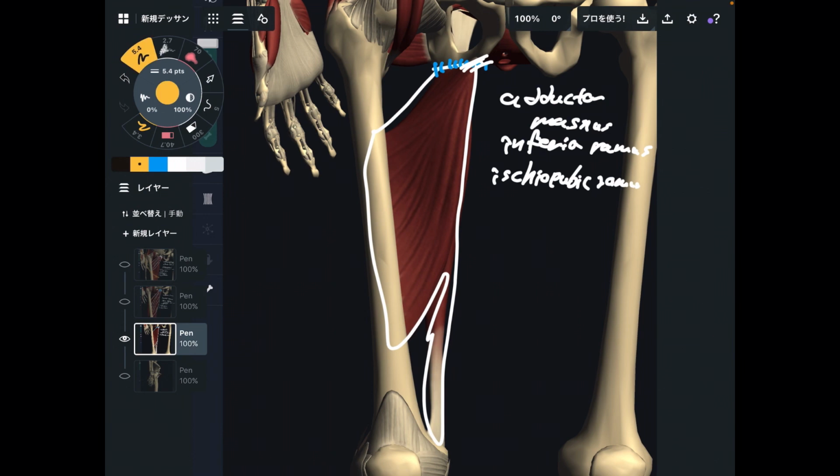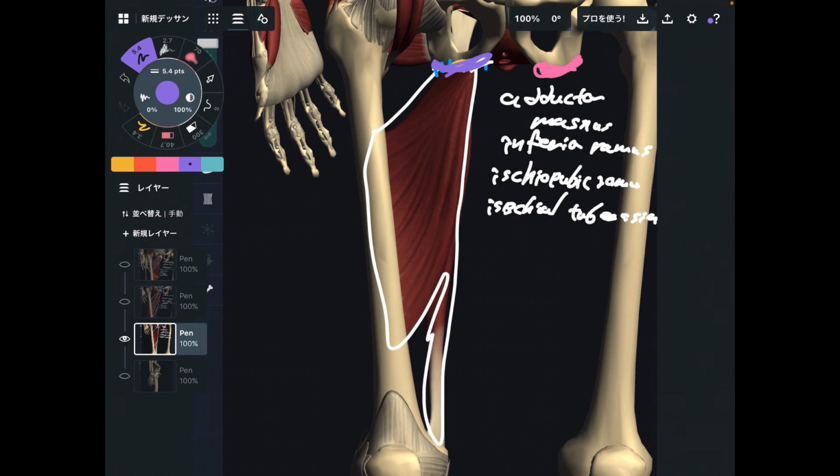It's basically the place between pubis and the ischium, about here, the yellow part. Next one is ischial tuberosity. Ischial tuberosity is this part. This is called as sit bone, this big bony bump. This is ischial tuberosity. See, adductor magnus, very wide muscle.